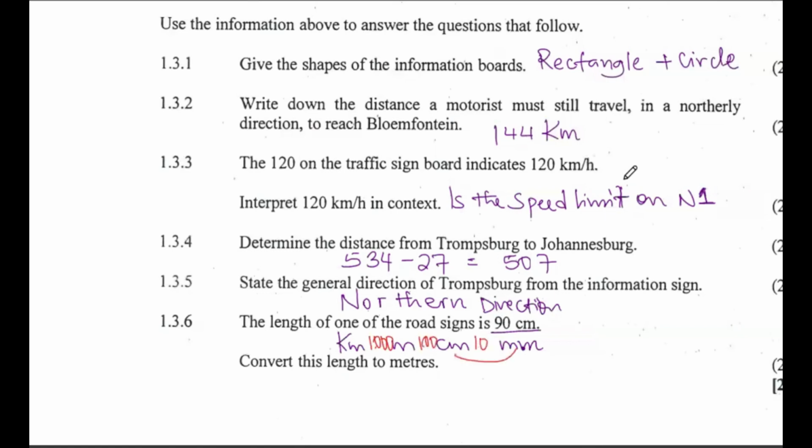So small to big, we need to divide. We are coming from centimeters to meters. That means we need to divide the 90 centimeters by 100. You get your answer 0,9, these are meters. And this marks the end of question number 1.